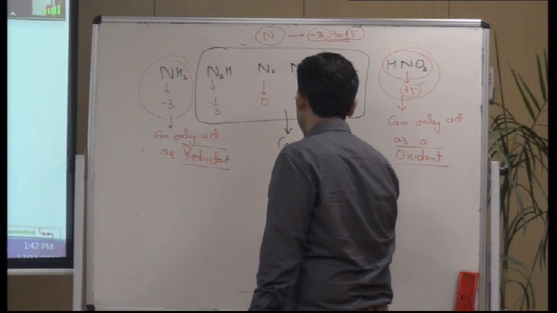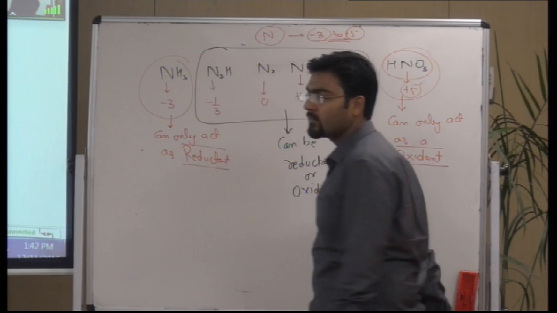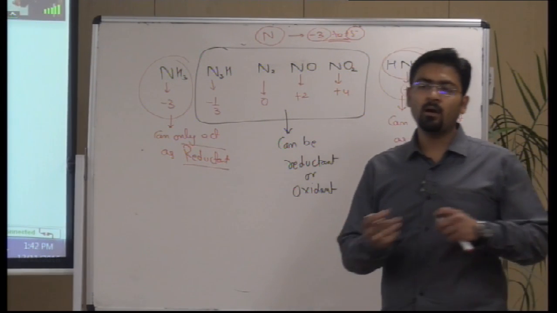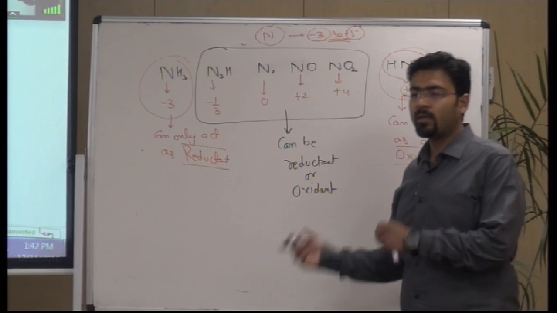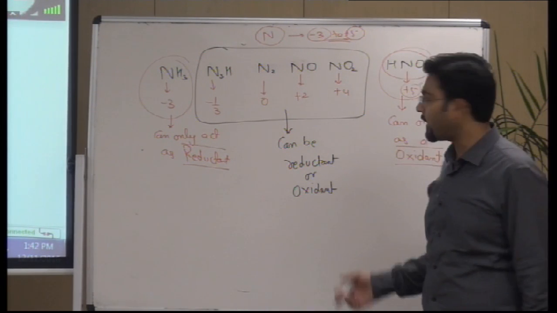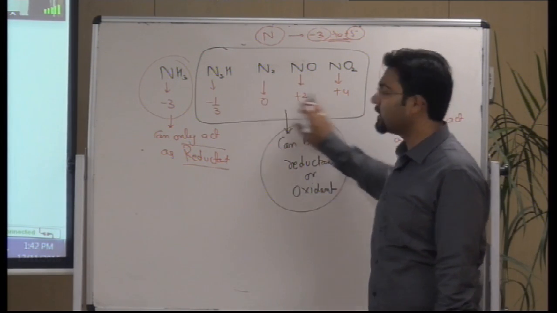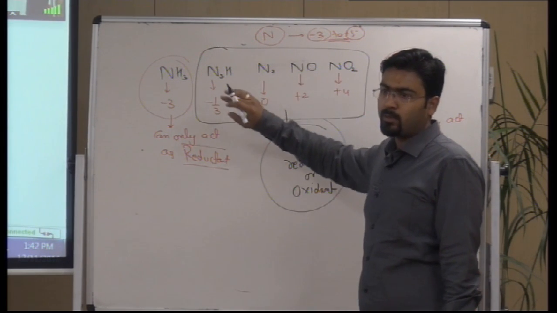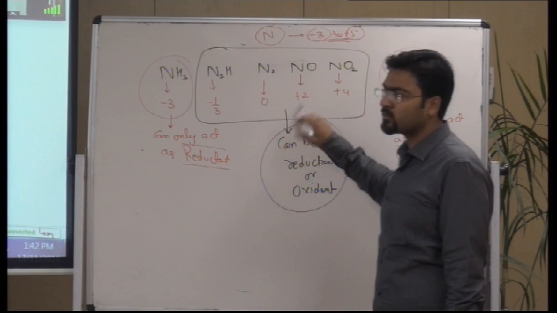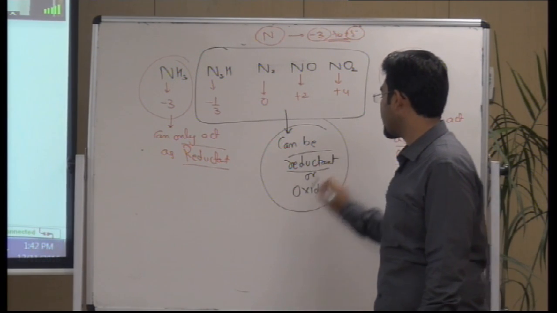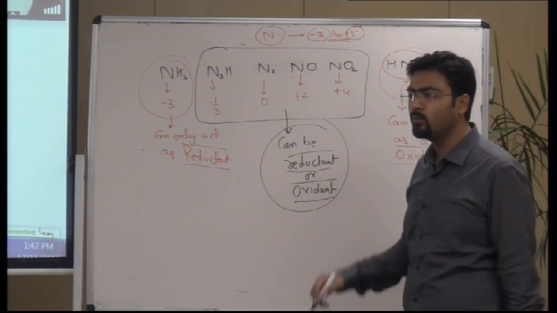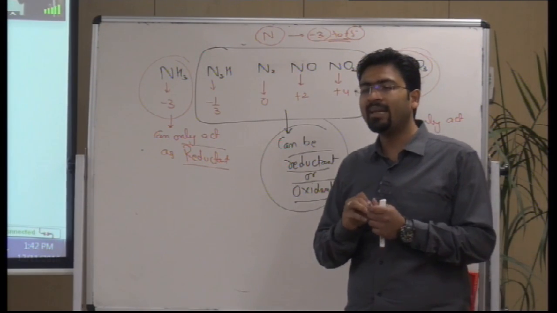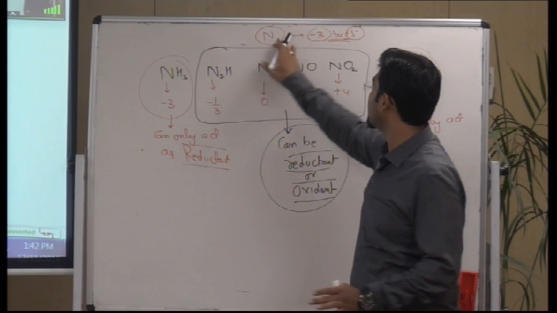I cannot comment, because that will purely depend upon with whom they are reacting, the temperature conditions, pressure conditions and various other factors. But looking at their oxidation state, it can increase or decrease, so they can function as a reducing agent as well as an oxidizing agent. That is point 1.